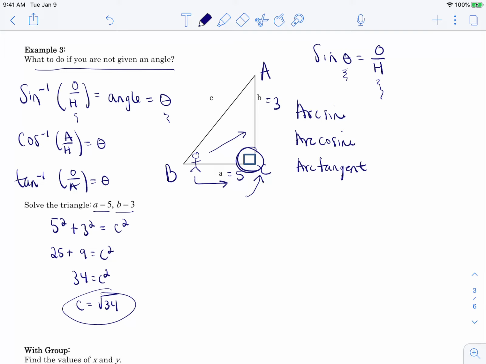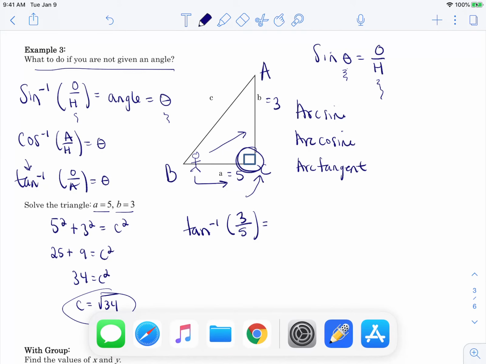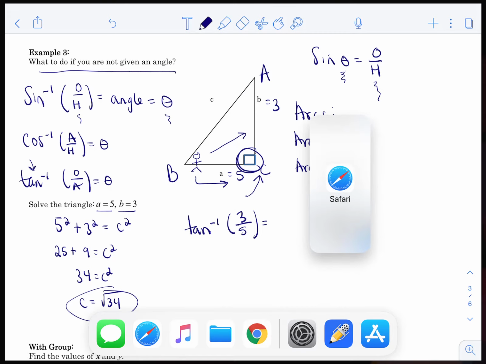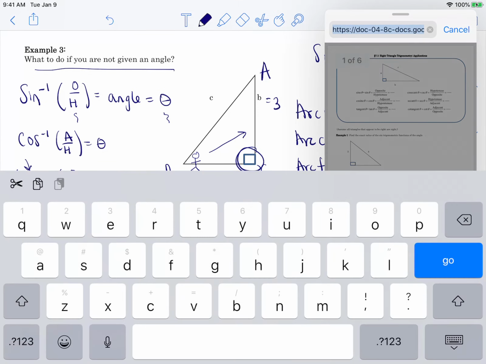Once again, SOH CAH TOA, so it's tangent. But because I'm finding an angle, I'm using this new function: inverse tangent of opposite over adjacent. And I'm going to go ahead and bring up my Desmos.